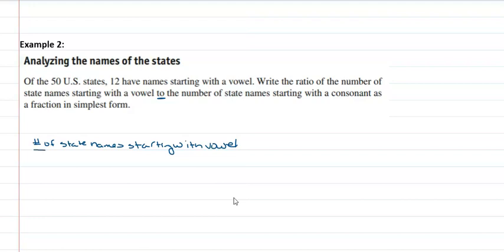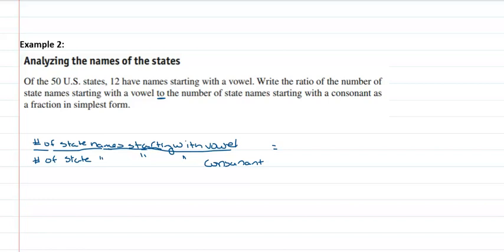So think about what that means. These kind of questions that you're going to see in MyLab, you really need to read them carefully. And I can't write a straight line that long. So then the other half of it is the number of state names starting with, just to shorten this up a little bit, I'm going to say state names starting with a consonant.